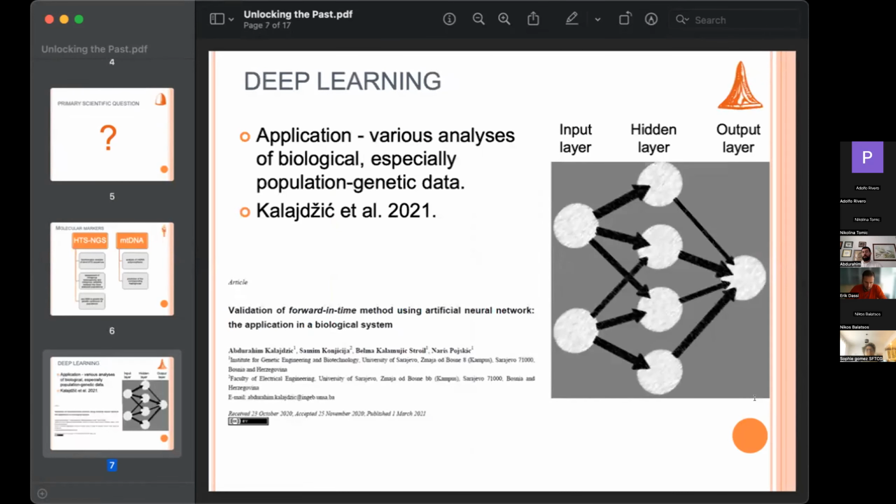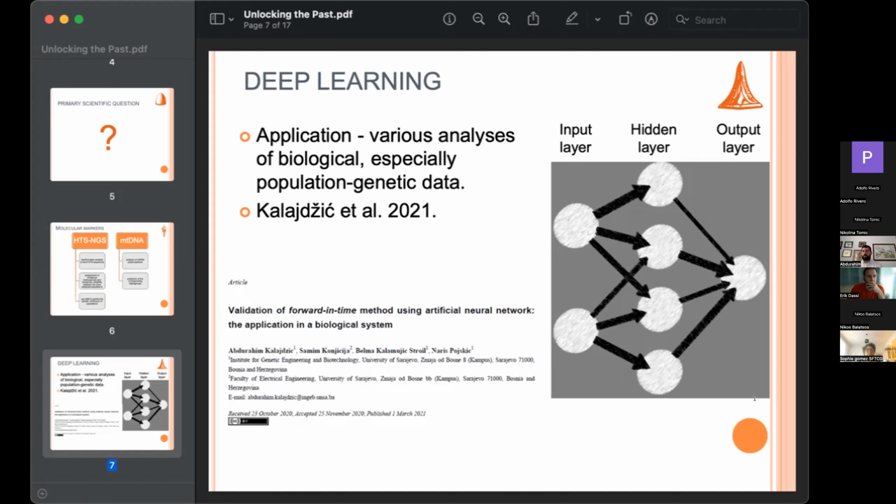As you all probably know, deep learning has a vast majority of applications in various analyses of biology, especially population genetic data. Here you can see a very simplified architecture of the artificial neural networks that we'll be utilizing in this study, where basically those networks are comprised of three layers. The input layer receives the initial data, where each neuron represents a single feature, a single data point.